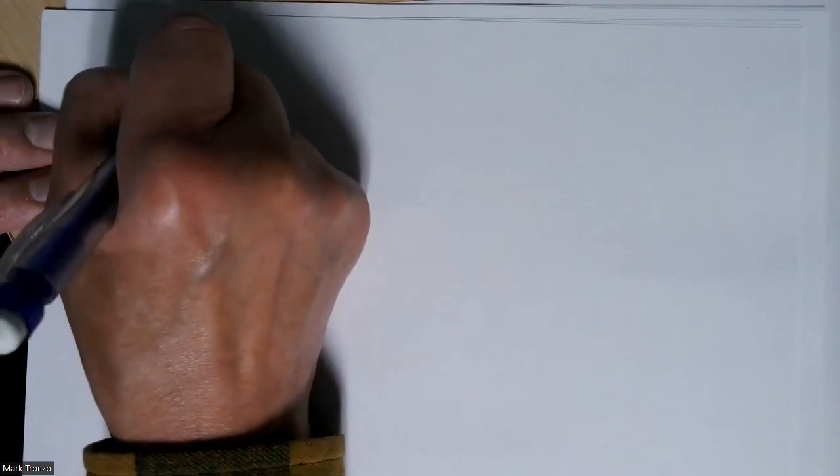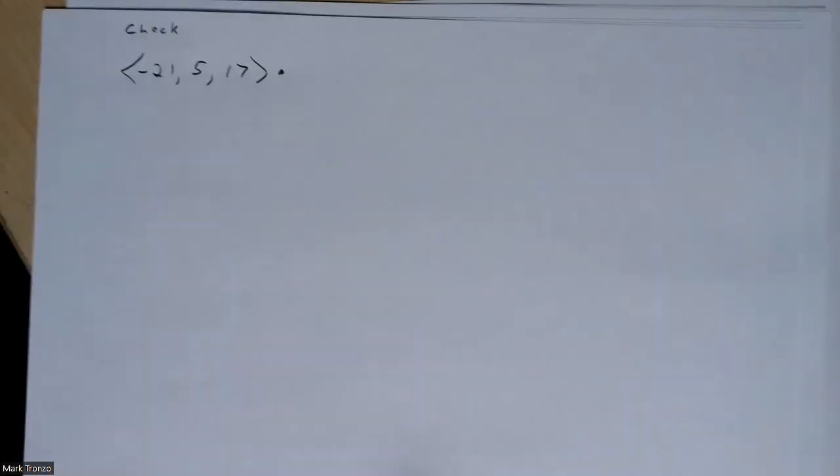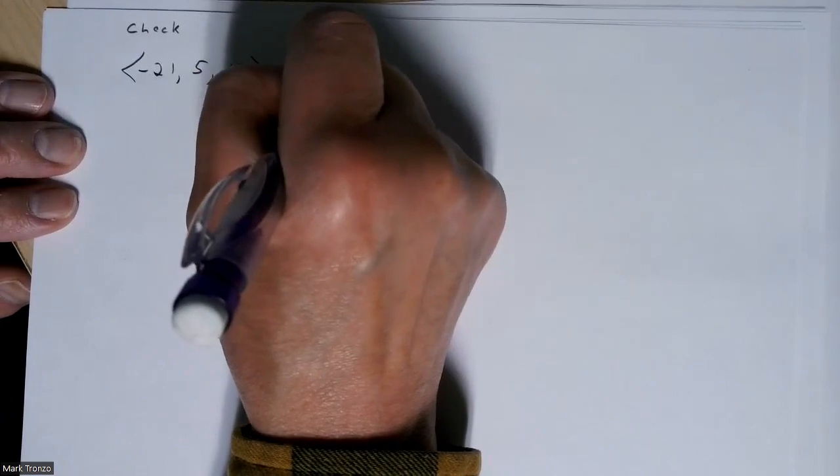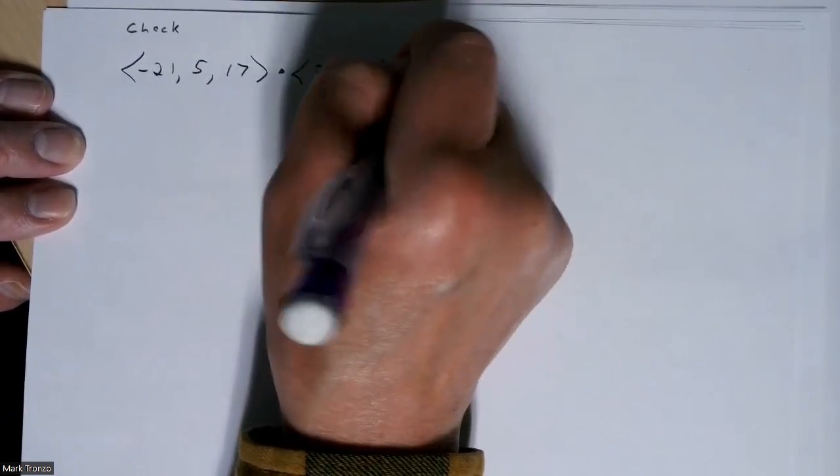Let's test the vector we found, <-21, 5, 17>, and take the dot product with 3, -1, 4. Remember, that's the way we check to see if something's perpendicular. If that's 0, then they are perpendicular.